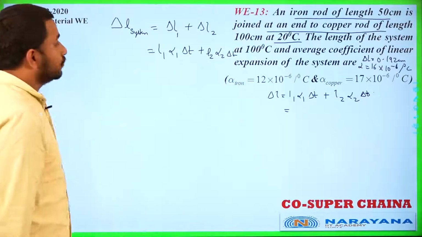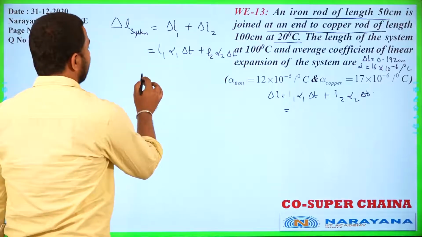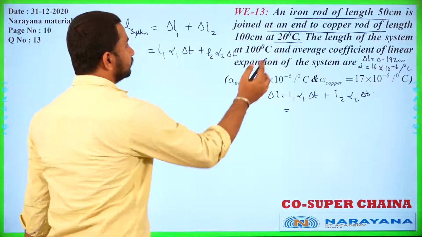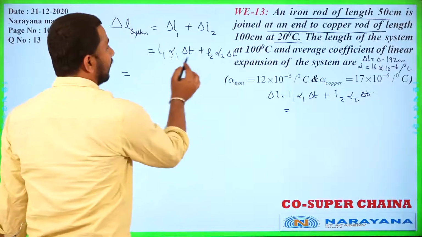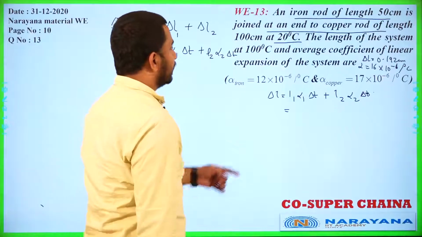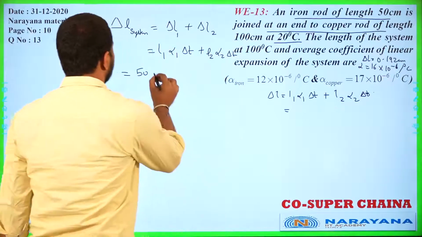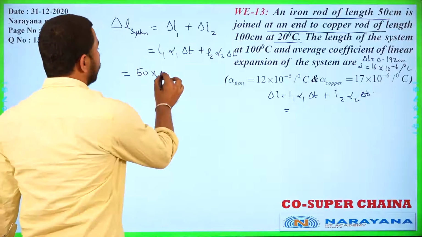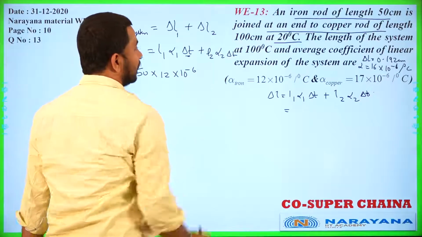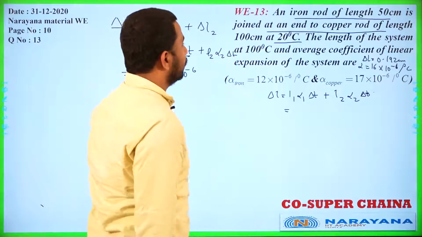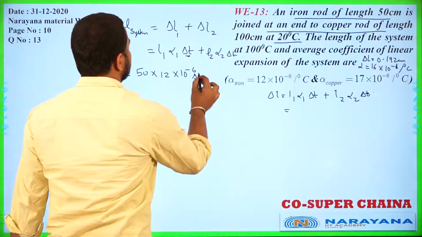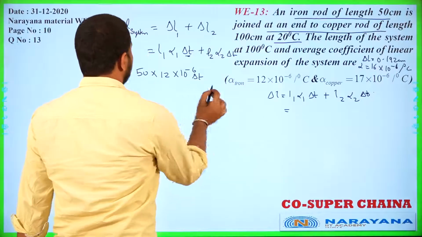Just we need to substitute the value of L1 and L2 here. So what is the L1 given? The initial length, if we are taking for iron, it will be 50 and the expansion of iron we take as 12 into 10 to the power minus 6, and we'll keep delta T as it is, we'll plug the values in last.